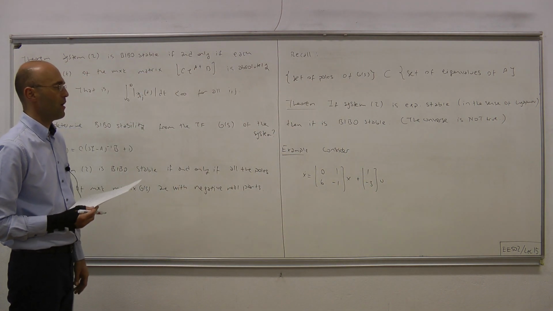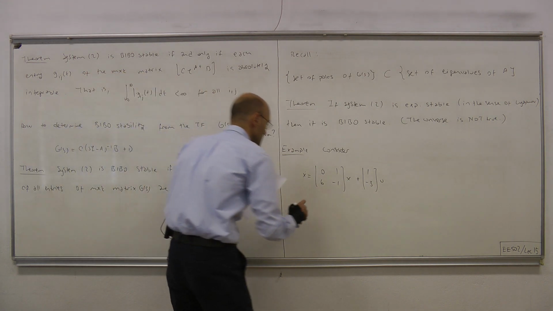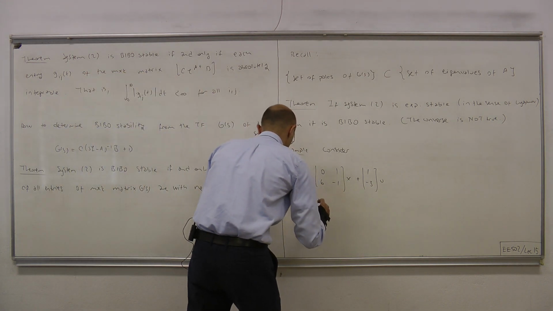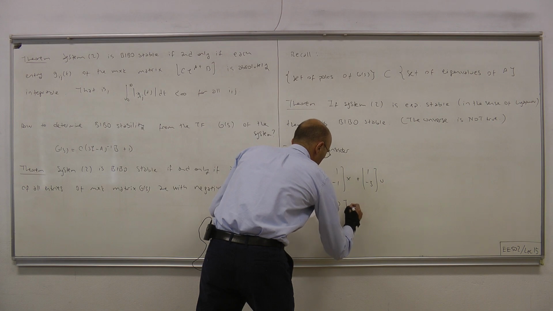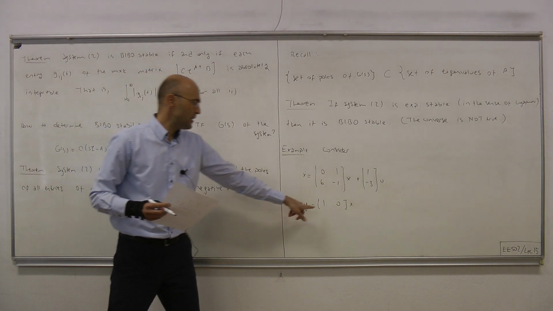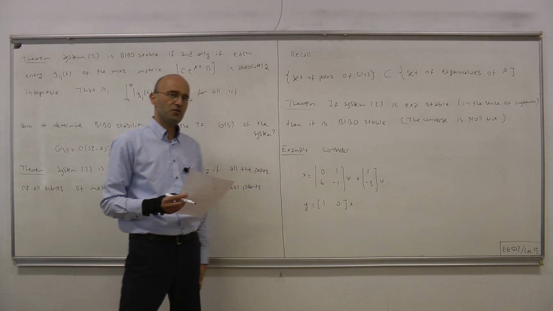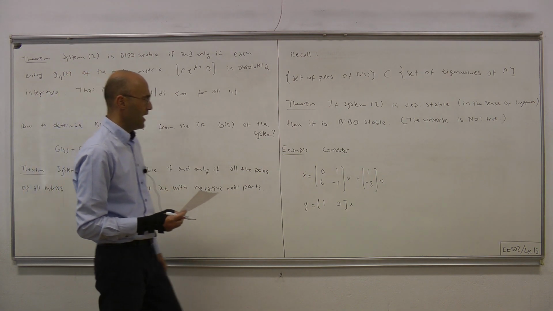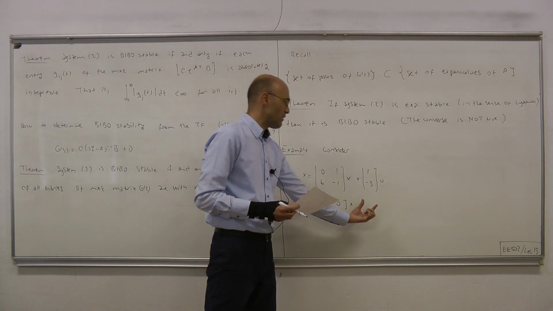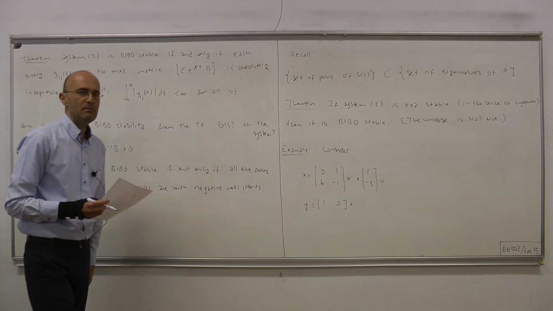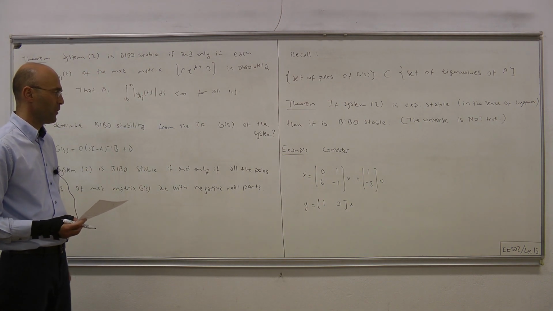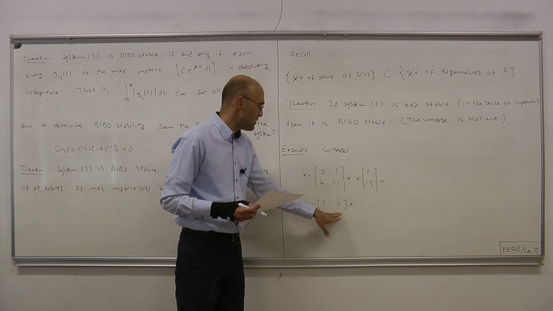So those are our A and B matrices, and y equals [1, 0] x. Namely, the output is the first state variable, x1, plus 0 times u, so we have no D matrix, or the D matrix is 0. So this is our A, this is our B, and this is our C.